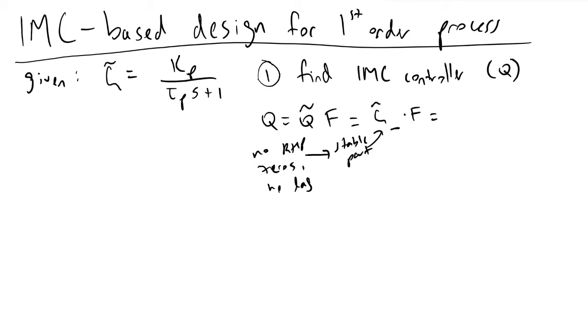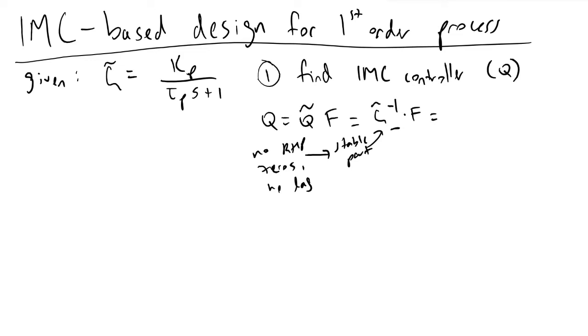And what this will be equivalent to, note here, G tilde minus is the inverse of the stable part of G tilde. So we should have the inverse symbol here.